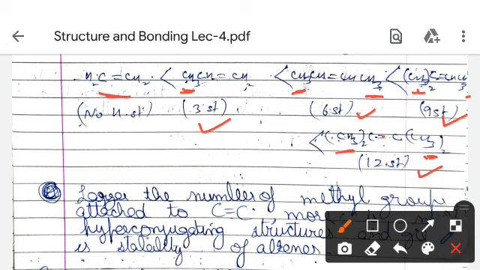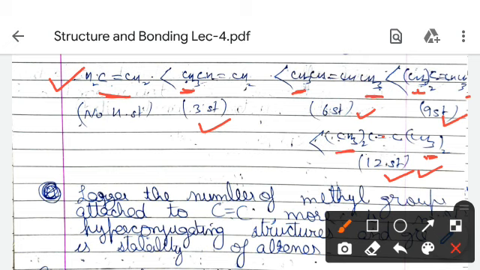But what is important is, out of these alkenes, which is most stable? This stability can be explained on the basis of their number of hyperconjugating structures. The greater the number of hyperconjugating structures, the greater is the stability. So this will be the most stable alkene, and this will be the least stable alkene. The order is shown.